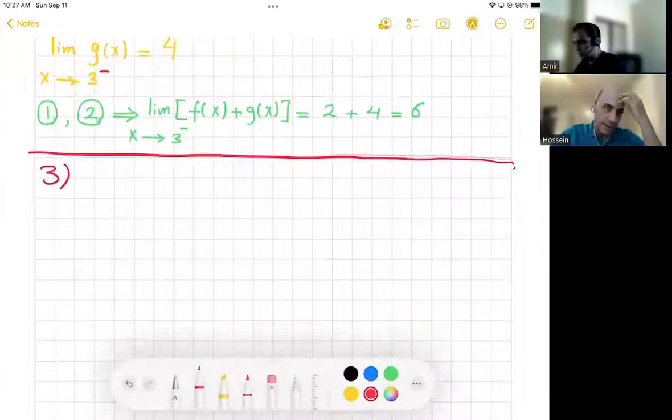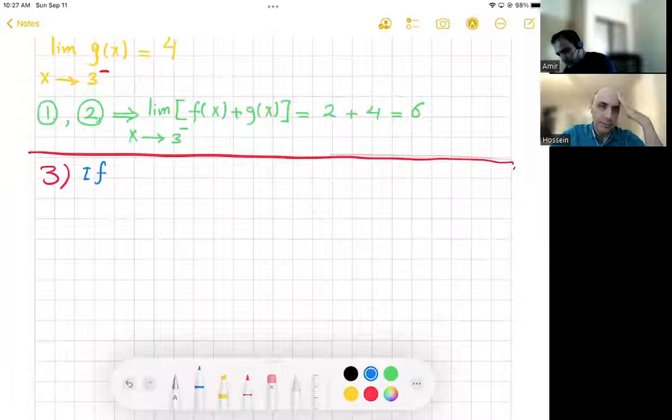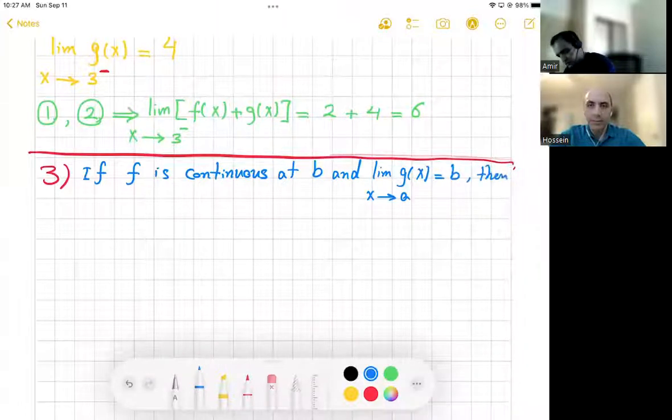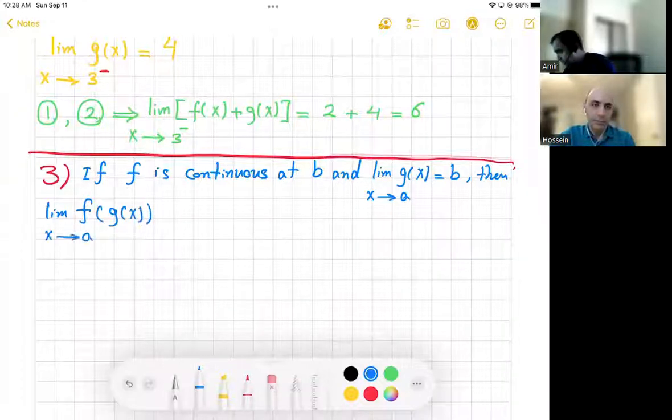The theorem I'm writing is: if f is continuous at b, and the limit of g of x when x approaches a exists and is equal to b, then the limit of f of g of x when x approaches a is equal to f of b.